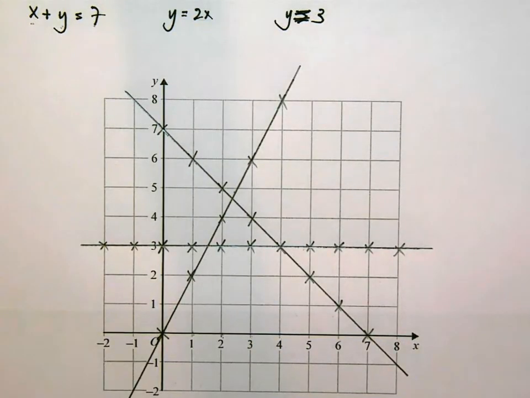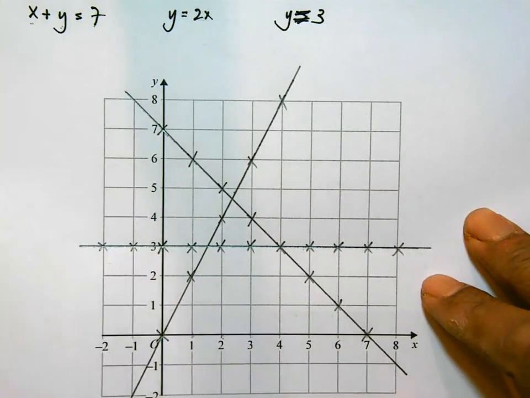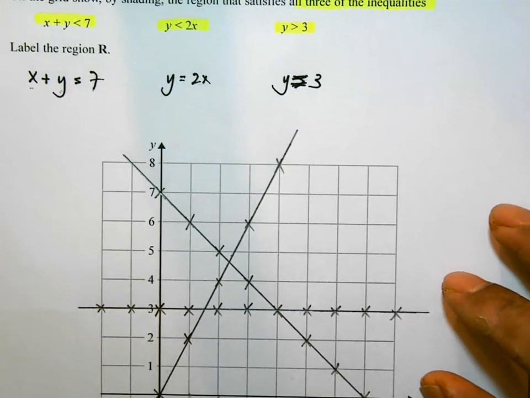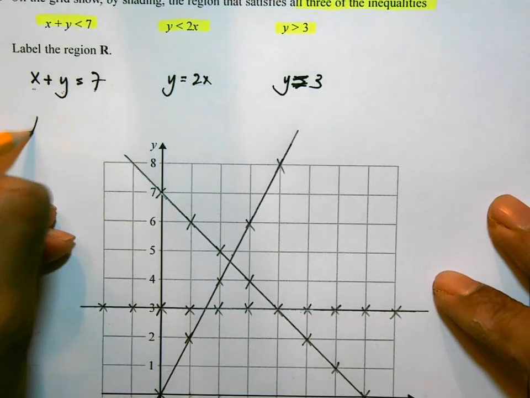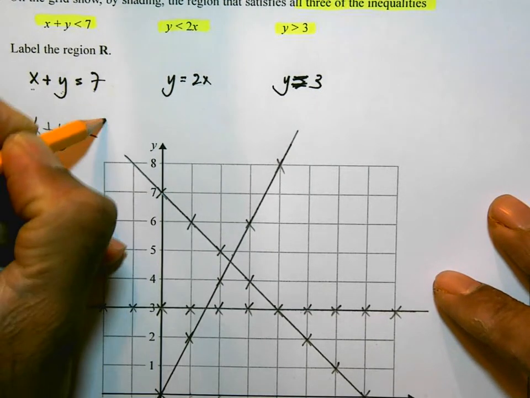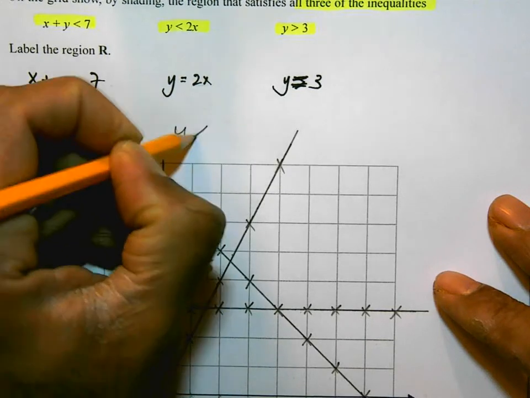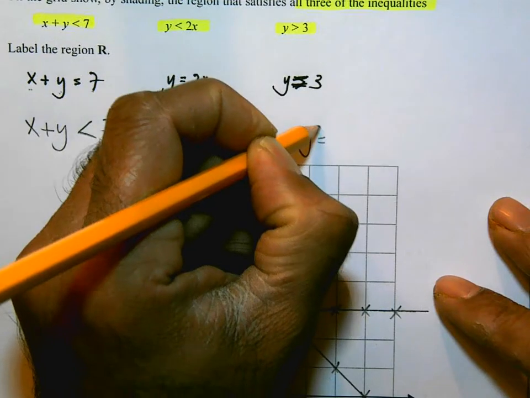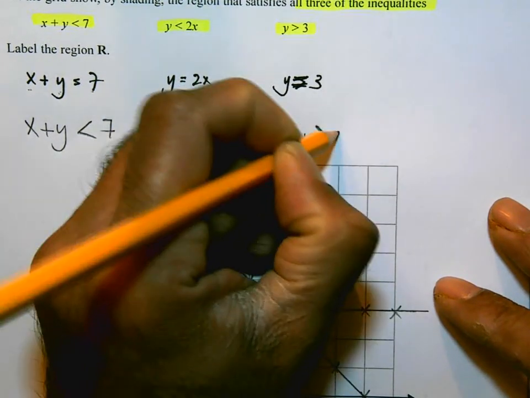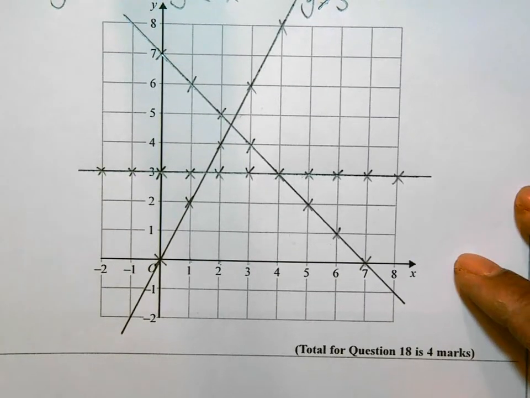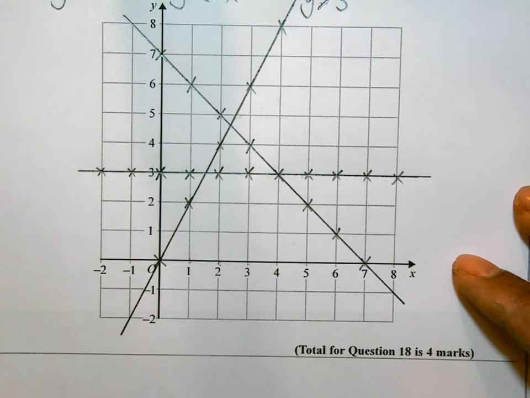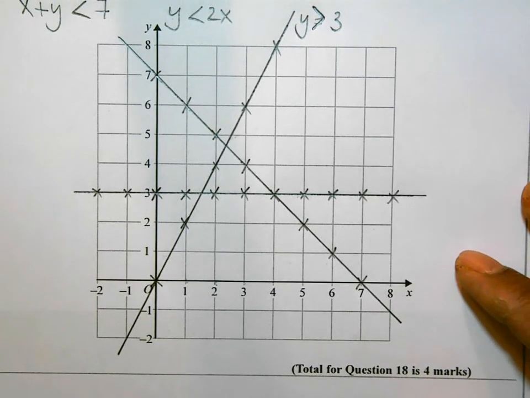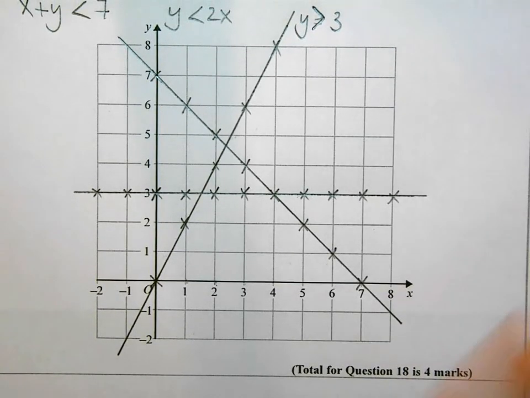Now I need to think about the inequalities that they've given us. The inequalities are x + y < 7, y < 2x, and y > 3. What does that look like? And remember, they said shade in the region and label it R. x + y is less than 7.